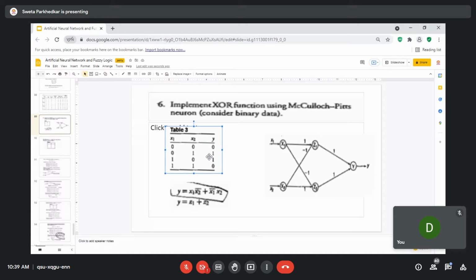Then from this you need to calculate or evaluate the equation, that is y is equals to x1 x2 bar plus x1 bar x2. ये कैसे आया है? From this binary data. Okay, जहाँ पे भी 1 है, that case will consider as this. So x1 bar into x2, this will be equal to y.